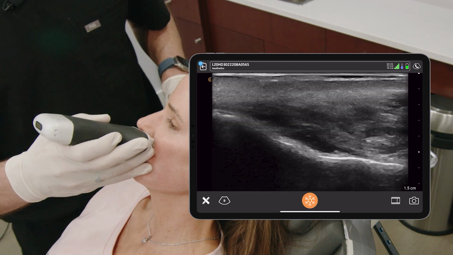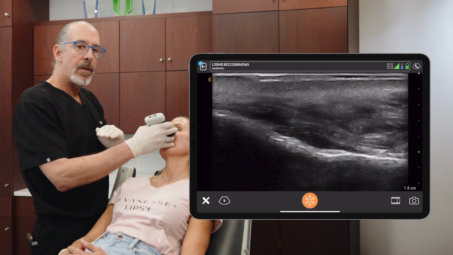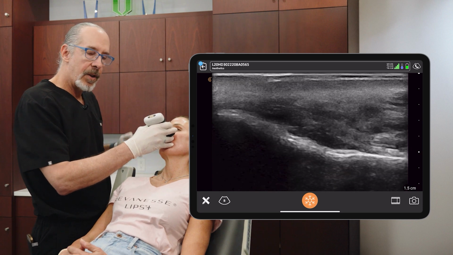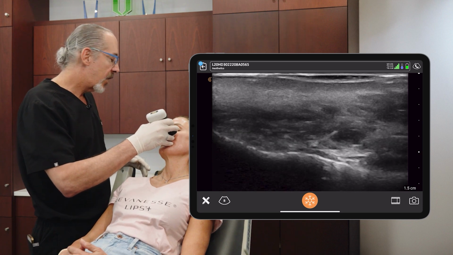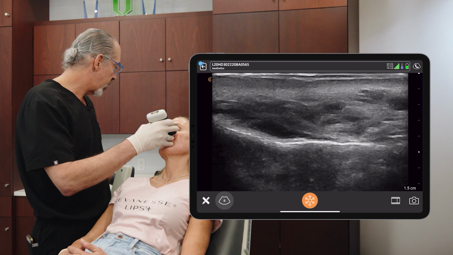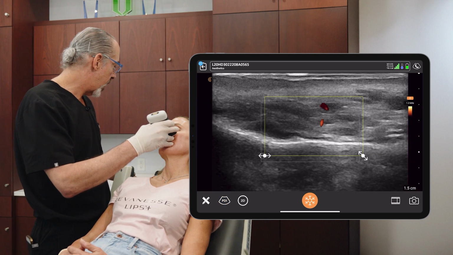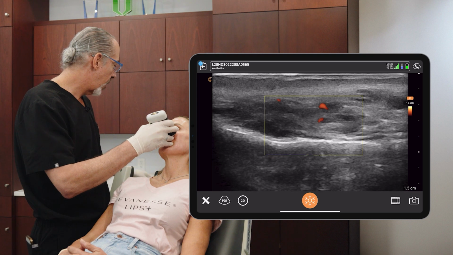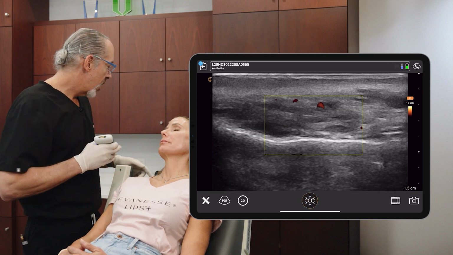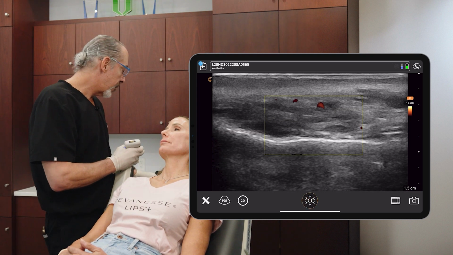You want to see if the angular artery is laying on the bone or it's in the SMAS area, so off the bone. So this is mainly a vascular study. And we're going to look. And what we see here, the main angular artery is right here.